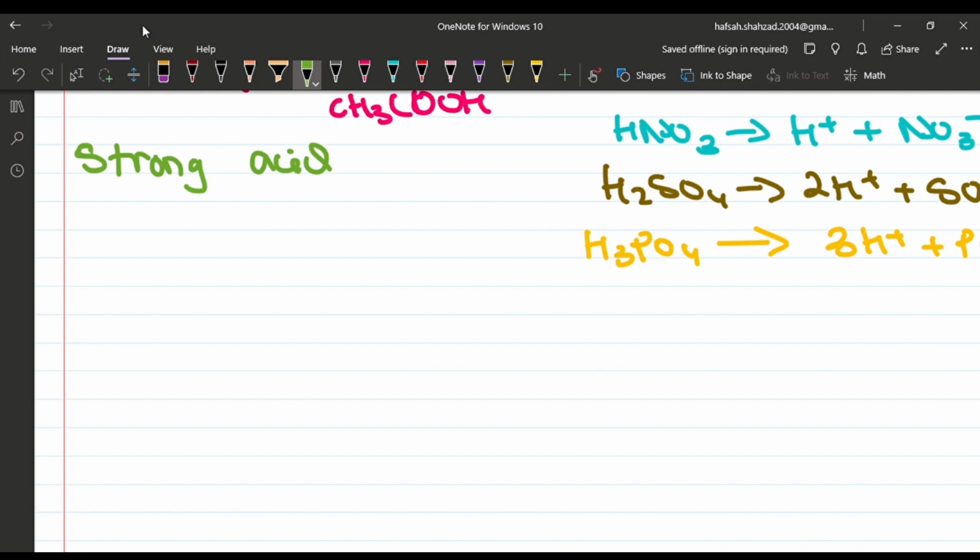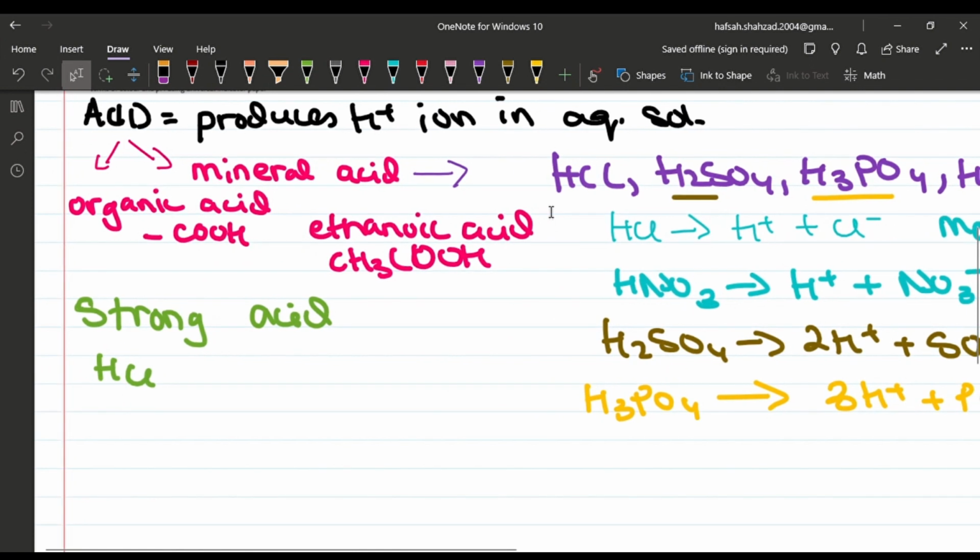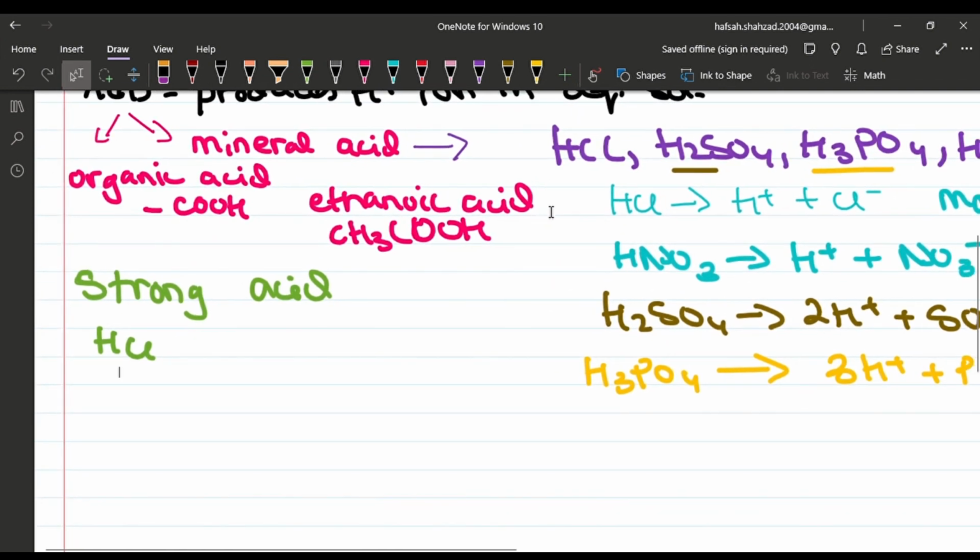Before we move on to the properties of acids, I would like to first tell you about what strong acids and weak acids are. Strong acids completely ionize in aqueous solution. Basically all the mineral acid examples I mentioned, like HCl, phosphoric, sulfuric, and nitric, are pretty famous examples of strong acids. A weak acid is something that partially ionizes in aqueous solution.